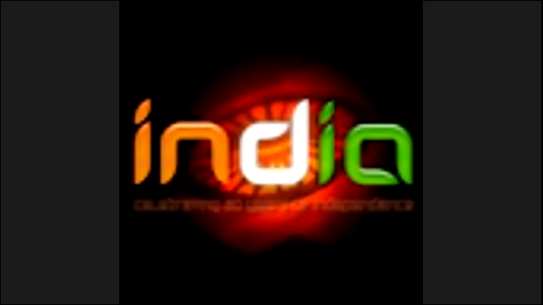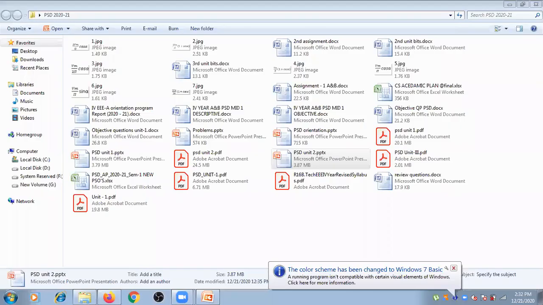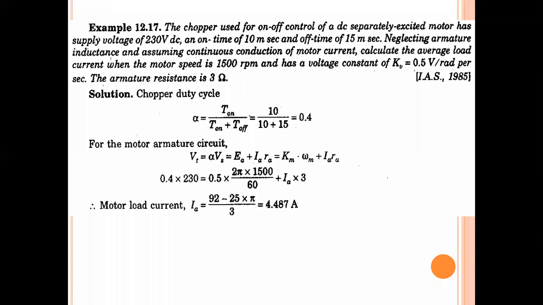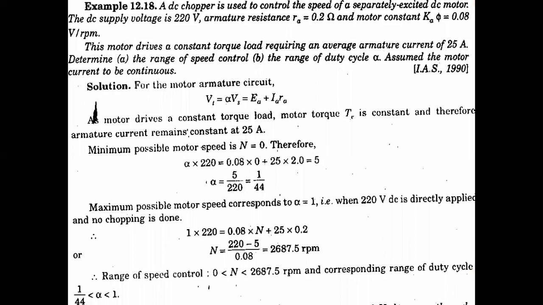T on must be equal to T, which means the duty value will be 1. From this, we know that the duty cycle ranges from 0 to 1. This is the minimum and maximum range of the duty cycle. But here we need to see whether a 0 duty cycle is available to achieve the speed or not.